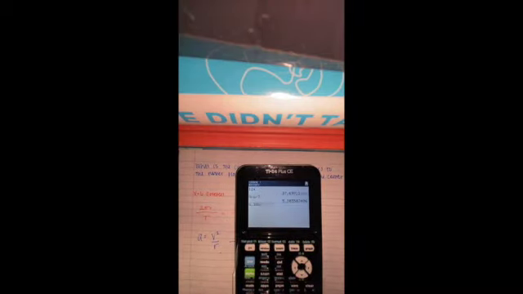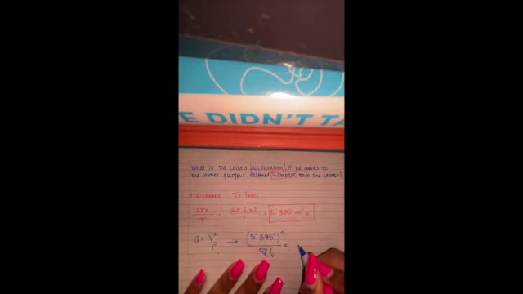We square that and divide that by 6, which will give us a value of 4.83 meters per second squared, which is our final answer and the end of our problem.